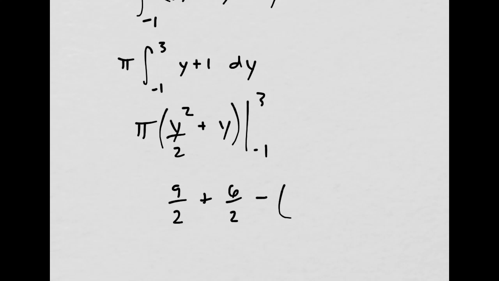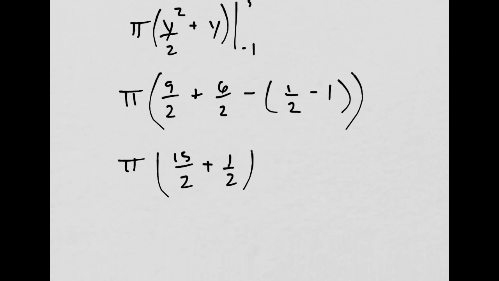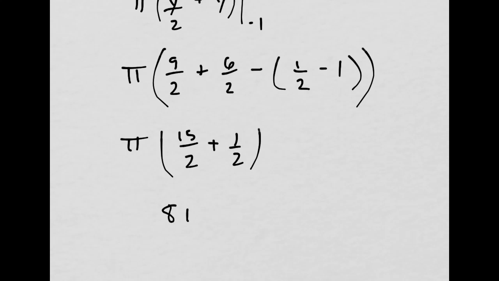Minus, 1/2 minus 1. And that's all times pi. So we get 15 over 2. This becomes negative 1/2, and then times a negative, that becomes positive 1/2, times pi. So that's 16 over 2, which is 8 pi.